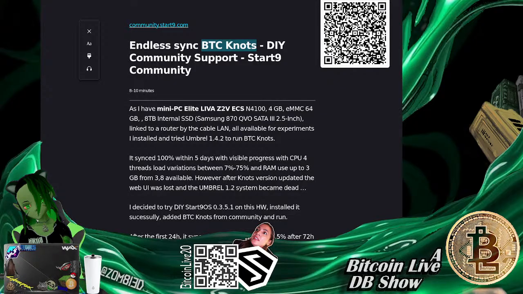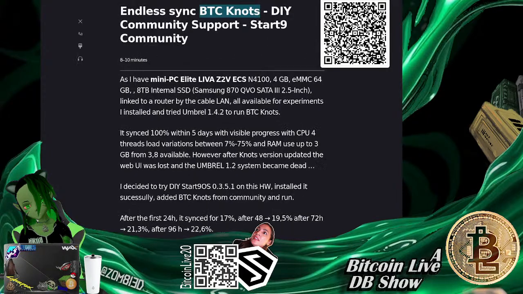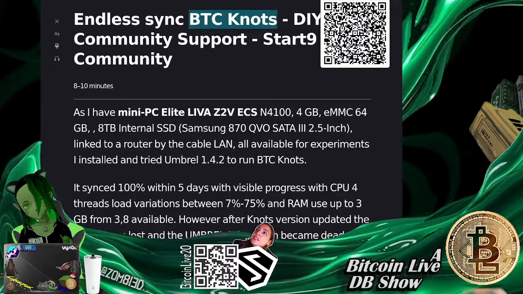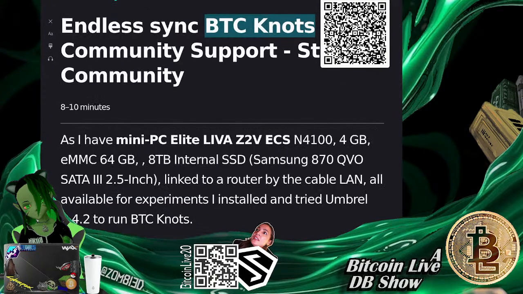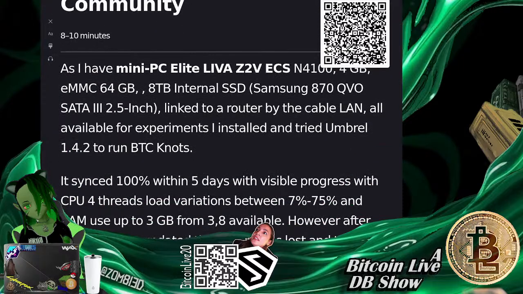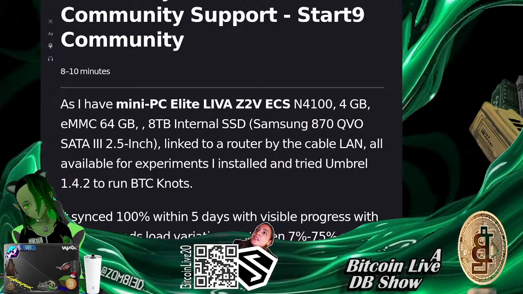So, as you can see, let's review what this person actually says, because I think this is like that telltale sign. Okay, so they say they have a mini PC Elite. It's pretty good, not bad.